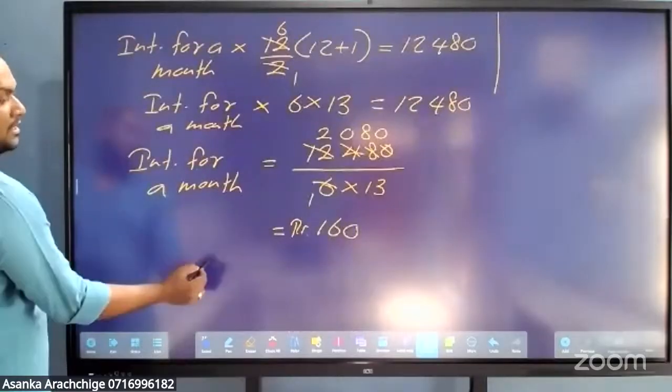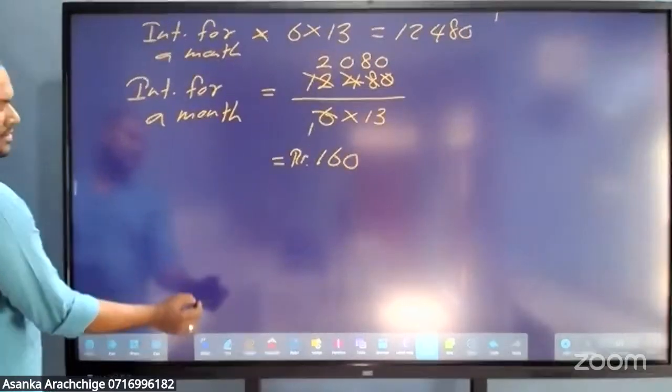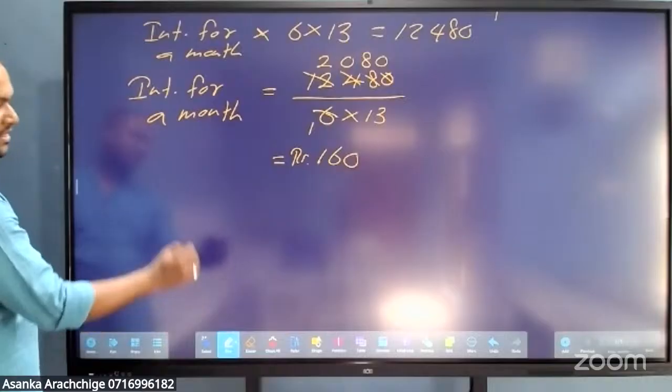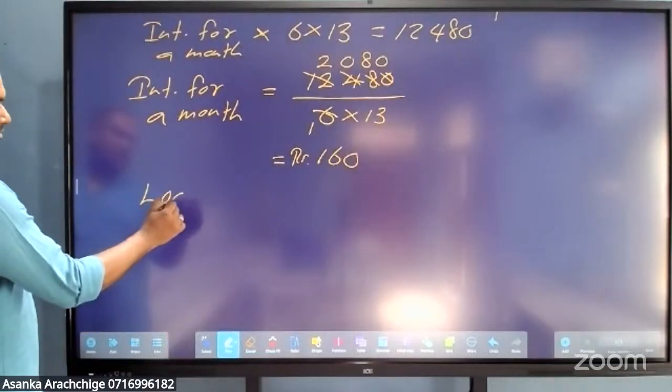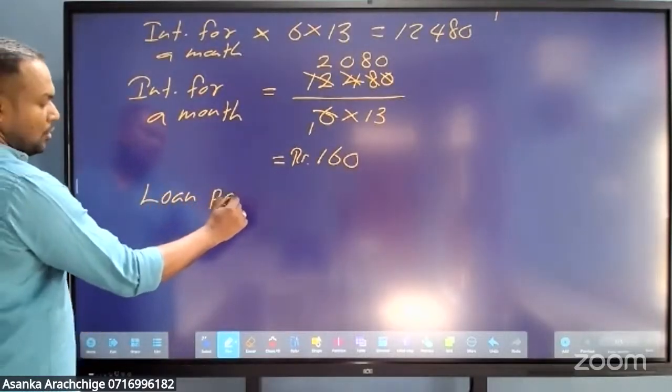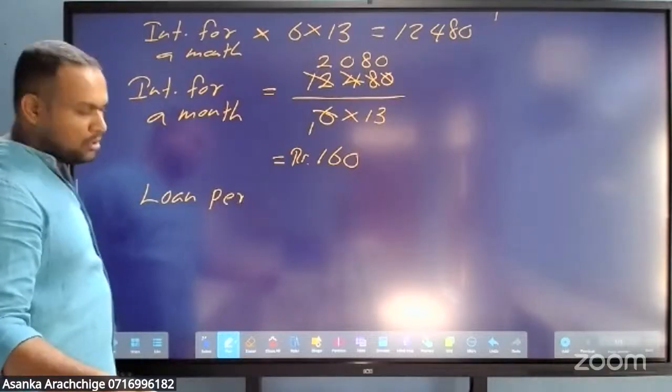Loan per month, or loan for a month, all being the same.